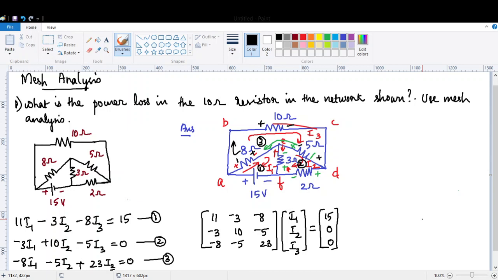Now what we have to do is find the I3 value. To find I3 we have to take a matrix ratio.